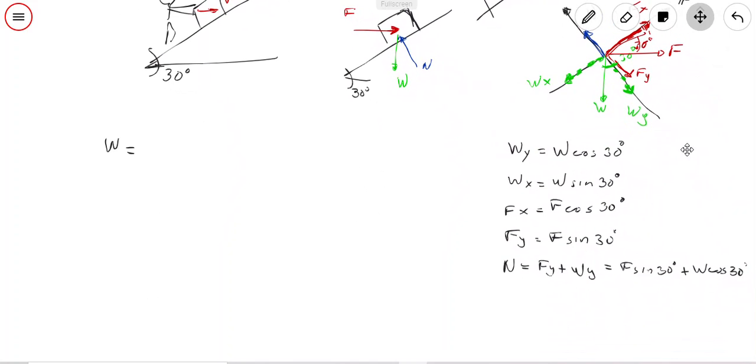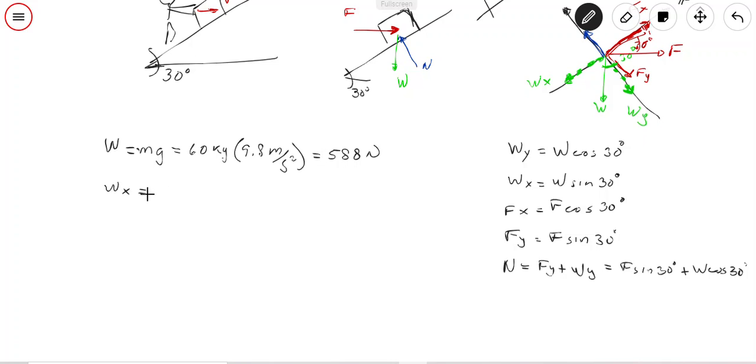So the weight, that is mass times gravity, 60 kilograms times 9.8 meters per square second. So this would be 588 newtons. This is the weight. Now, once I know W, I'm ready to find Wx and Wy.